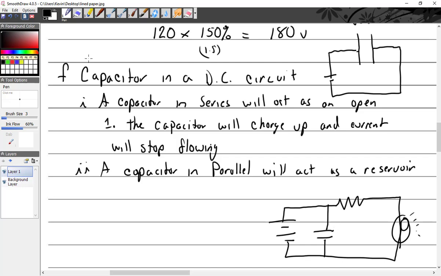Now another thing that capacitors could be used for, I'm just making simple stuff here, is maybe a switch that goes to something that has a high current draw. As the switch is closed, everything's fine. Current is flowing through, and this could be a heavy load, maybe a big light bulb.